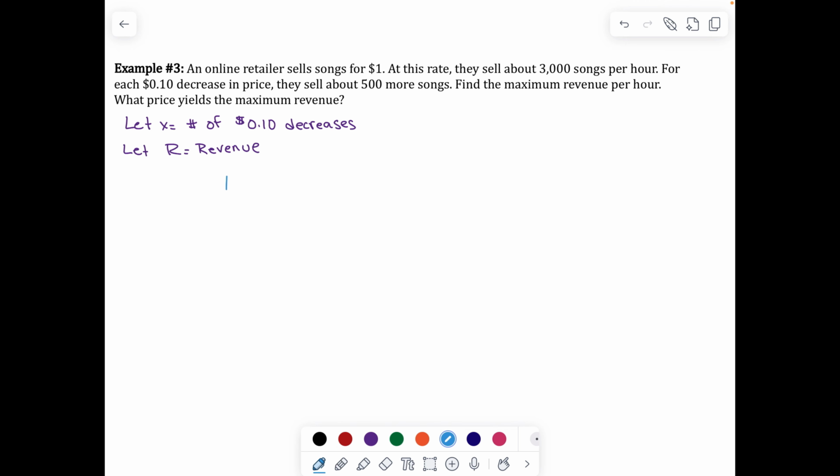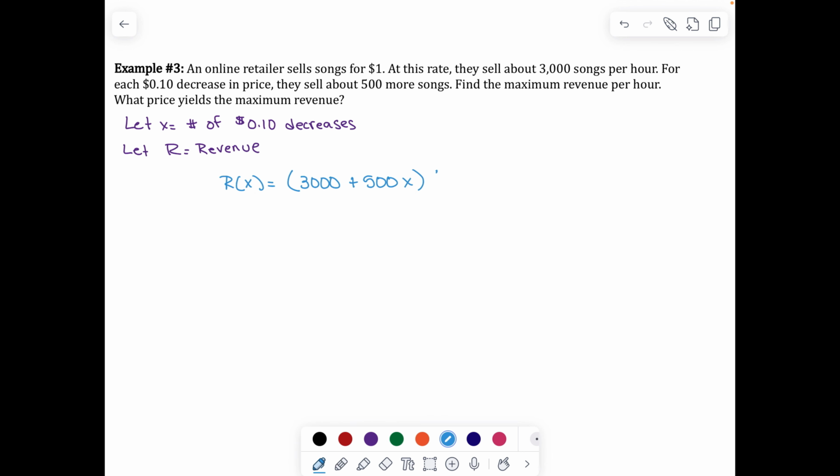We're going to say the revenue of X is equal to, so, again, number of items sold. So we're selling 3,000 songs per hour. But that increases 500 songs per 10-cent decrease times our price per item.